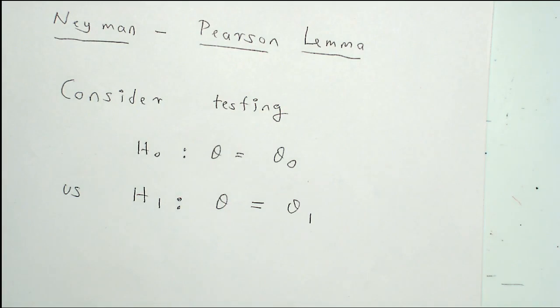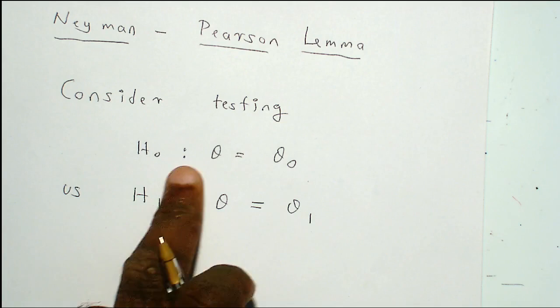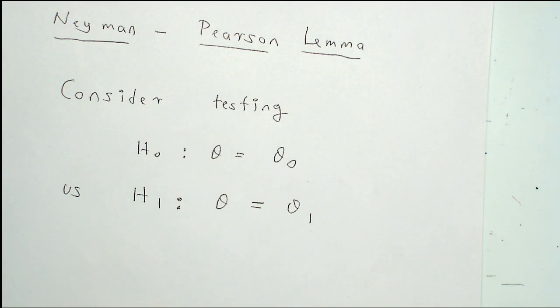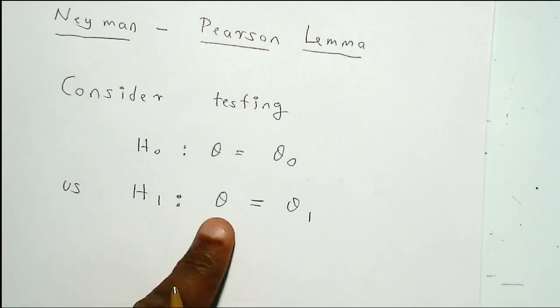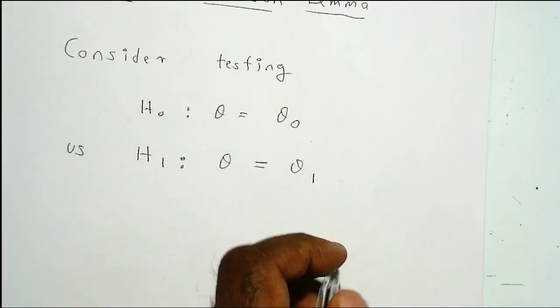Okay, consider testing the null hypothesis that theta equal to theta 0 versus the alternative that theta equal to theta 1.